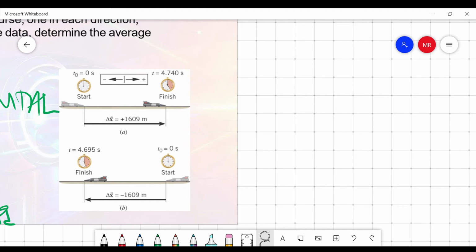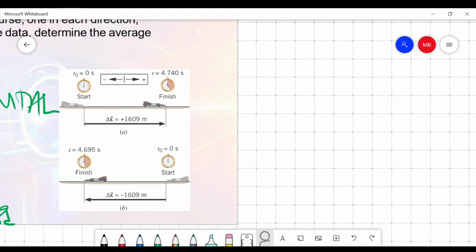Okay, then record nila yung time, and to nullify the effect of wind, nag-travel naman siya from right going to left. Okay, so ito yung first data niya. Nung going to right at time 0 seconds to start, with a displacement of 1,609 meters, natapos niya yon in 4.74 seconds. Okay?